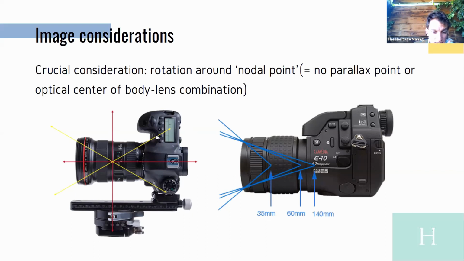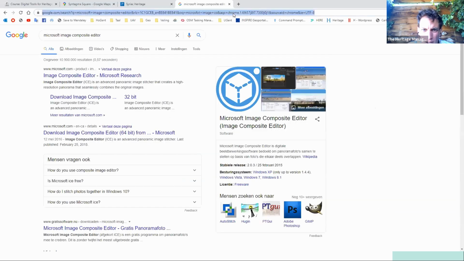And if you rotate the camera around the axis here, it will keep the nodal point on a stationary position. This nodal point will obviously differ as a function of the lens. So every time you take another lens for the same body, you will have to calculate this distance. But if I remember correctly, it has been a while since I did so.